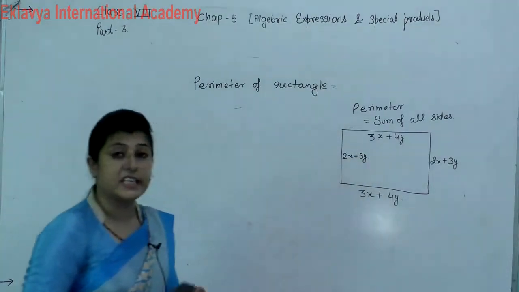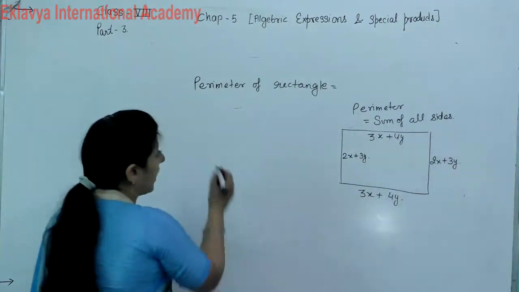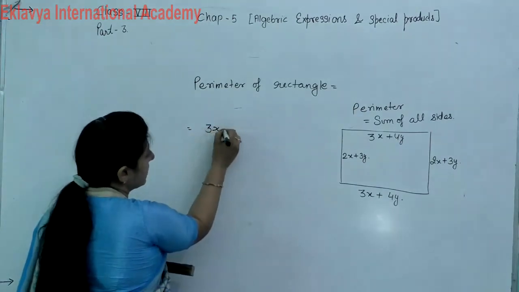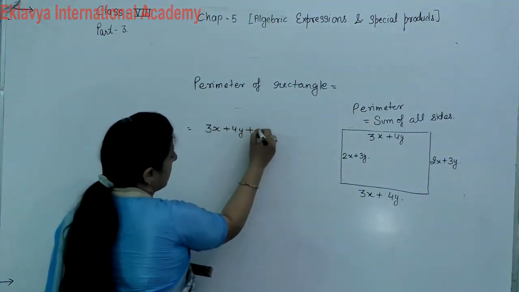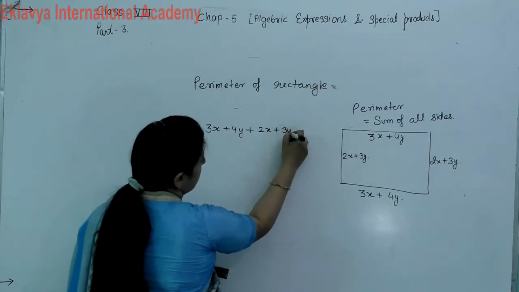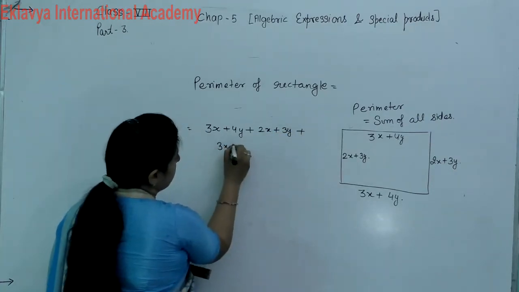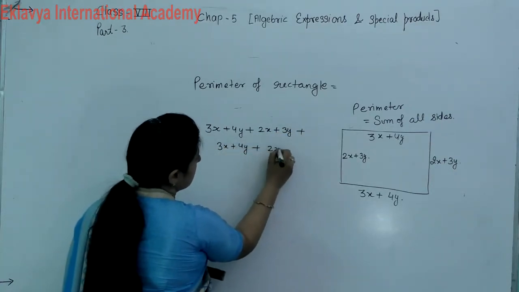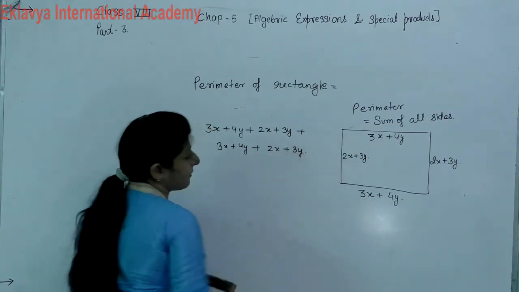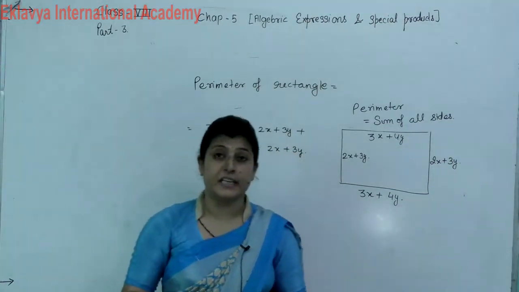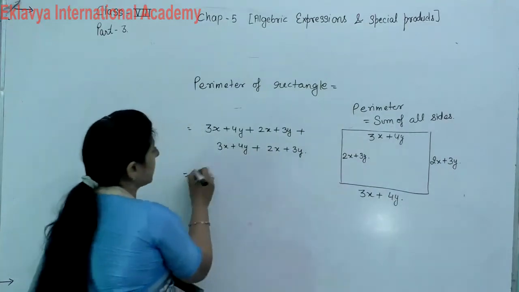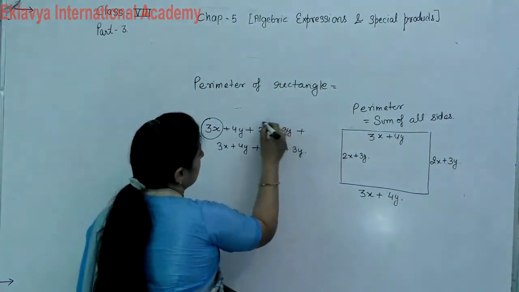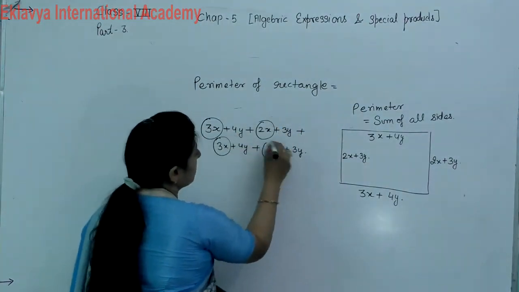Now we can easily find the perimeter. According to this, we write 3x plus 4y plus 2x plus 3y plus 3x plus 4y plus 2x plus 3y. It means the sum of all sides. Now solve the like terms 3x, 2x, 3x, 2x.